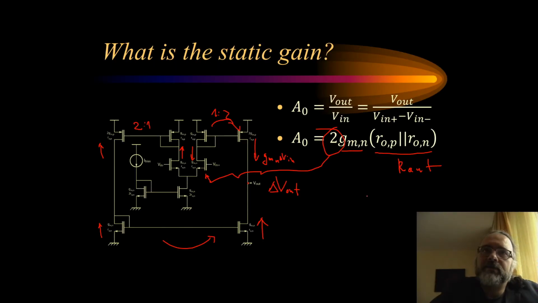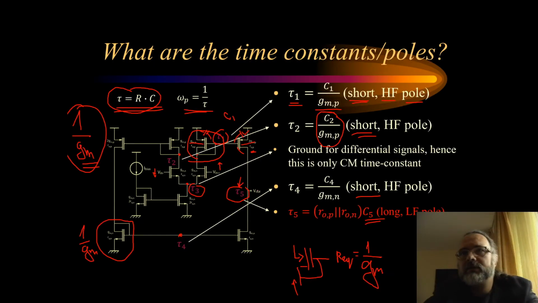Which means that for the time constant, what we have is a large resistance in the order of kilo ohms, and also C5. When you multiply these two, you get a very long time constant, and it will be a dominant time constant. It will create a low frequency pole, and actually this time constant will determine the cutoff frequency of this amplifier.